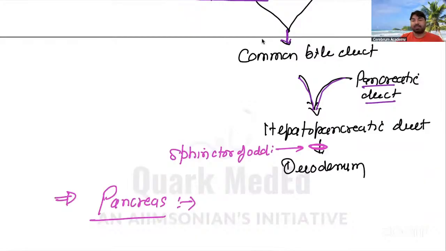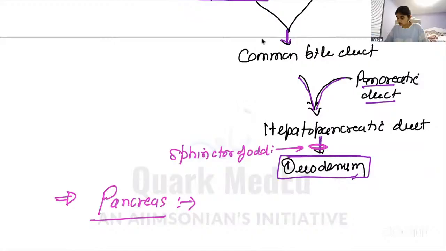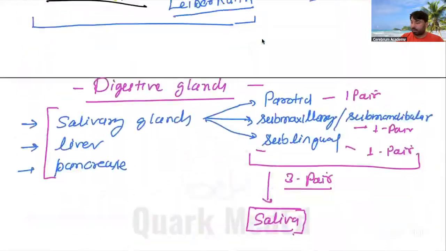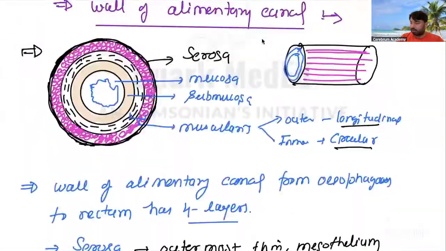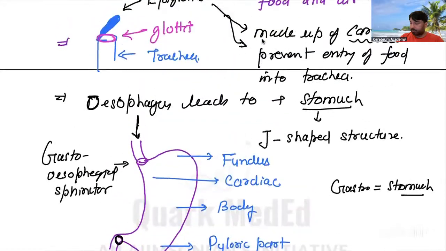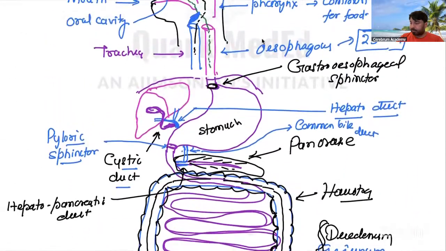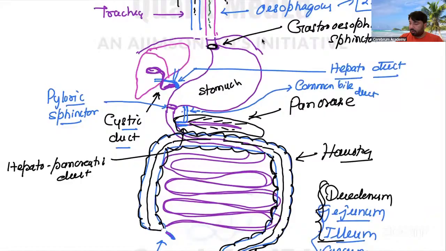The hepatopancreatic duct opens into the duodenum, the first part of the intestine. At the point of their opening, they have a guarding muscle. I can show you in the diagram. It opens here at this point.